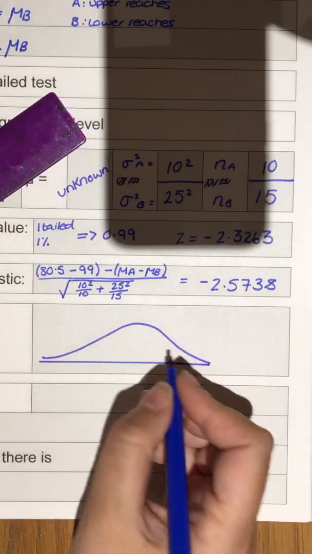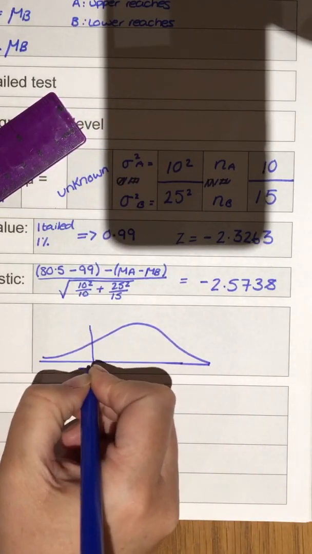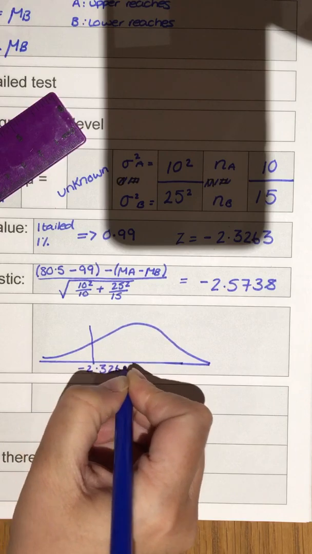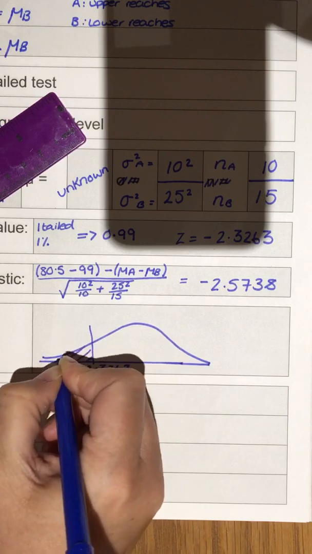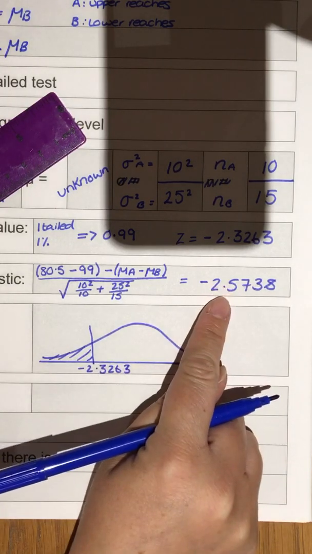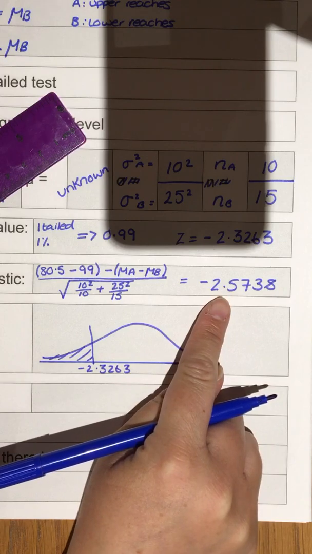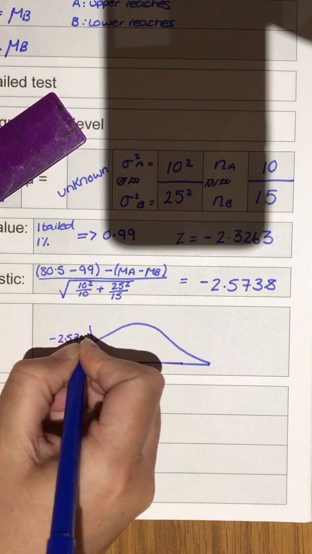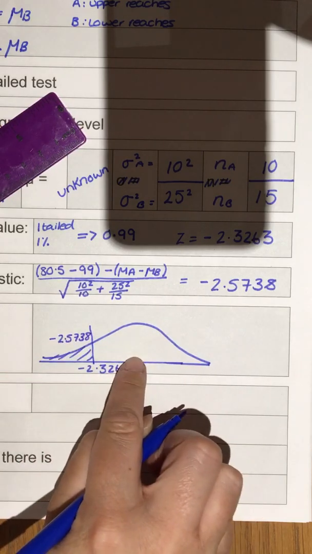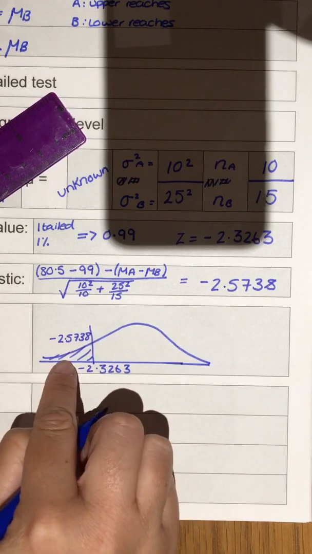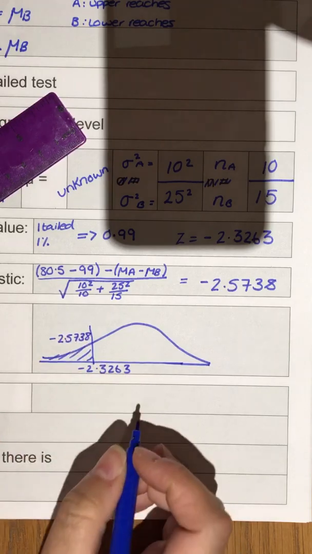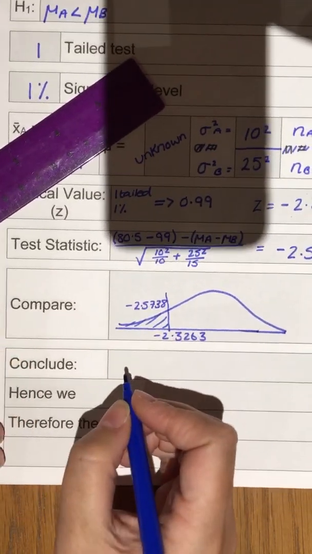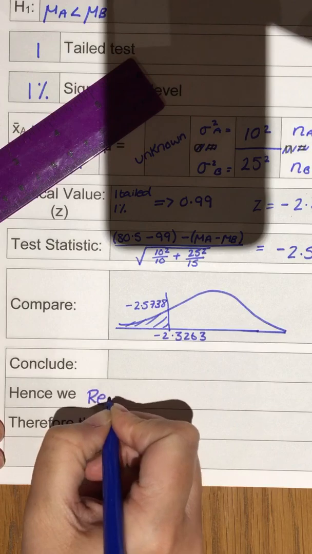So draw my normal distribution. I'm going to put on my negative 2.3263. Draw that off. I'm going to look at this value here, negative 2.5738, and I'm going to say that's all the way over here. I accept in the belly, I reject in the tail, and my value is in the tail. So hence we reject H0.